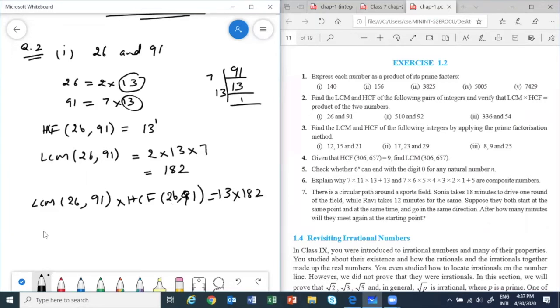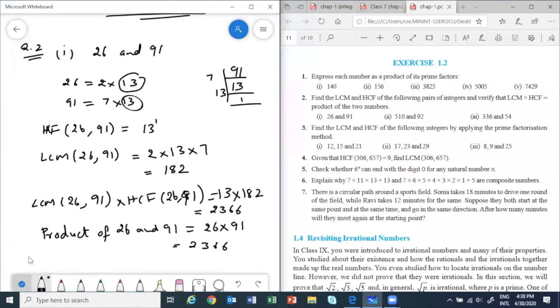And then let's find product of the numbers, 26 into 91. Try finding it. What are we getting? 26 into 91 is 2366. And this one also 2366. So both are equal, hence verified, we'll write.